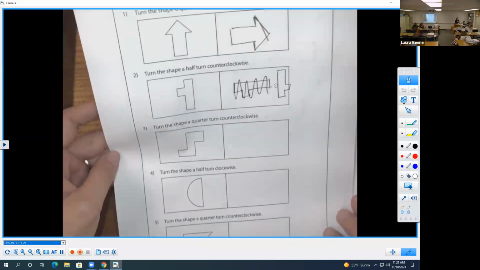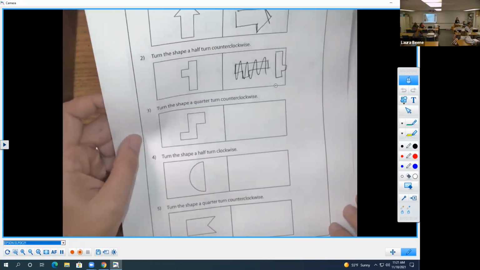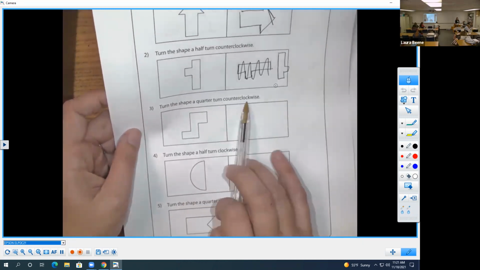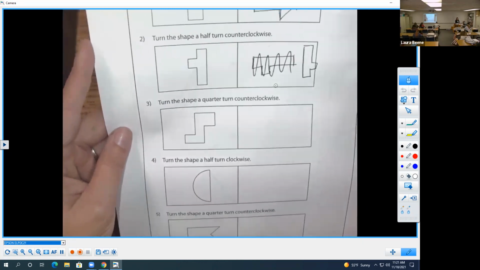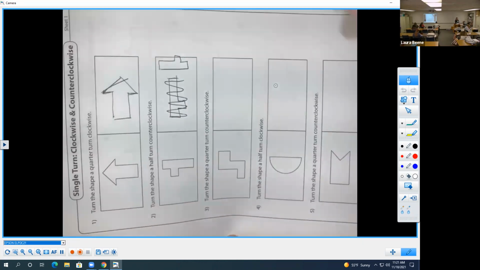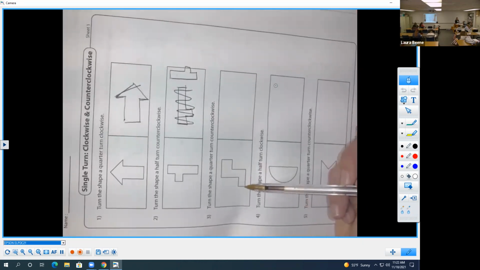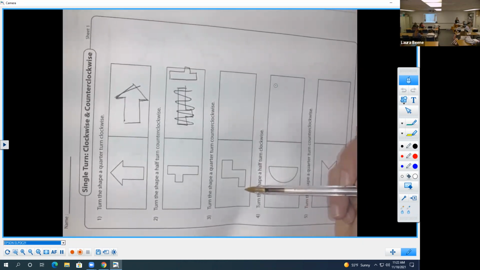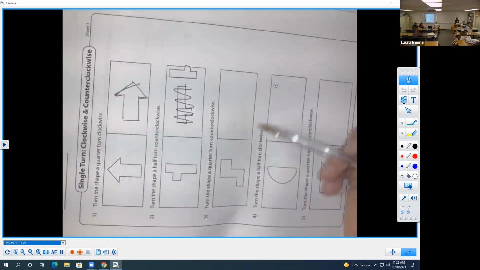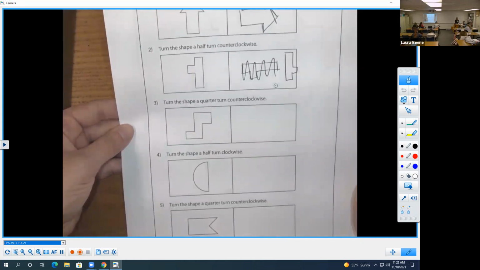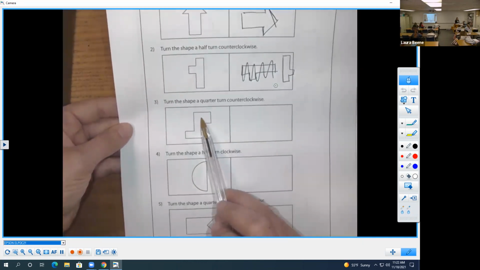For the next one, kind of like a backward Z looking thing, turn the shape a quarter turn, so one time counterclockwise. So I want to turn my paper one time that way. And when I do that, the bigger piece is on the left sticking up, the smaller piece is on the right going down. That's what I want to draw. We just need to get the basic idea, you're not going to be penalized if it looks rough, but I need you to make this side look bigger than that side.